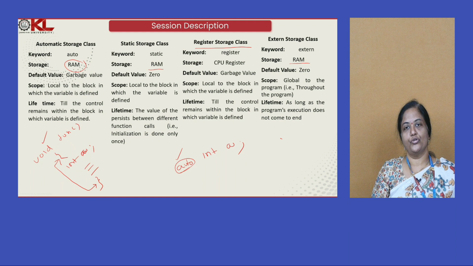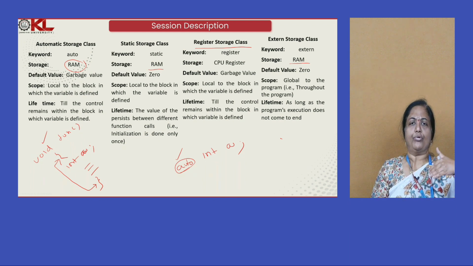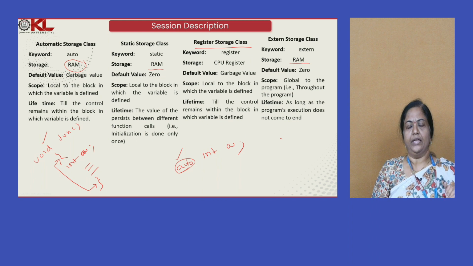Then you may ask a question: if both are the same, why should I need one more category to represent the same storage class? No sense, right? Both behave the same. What is the use?